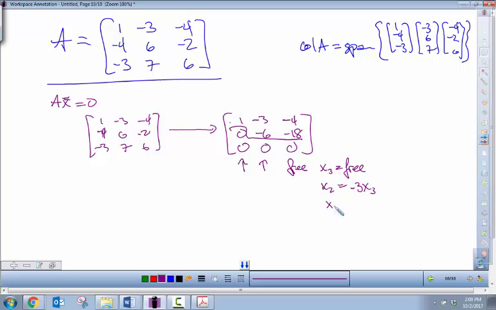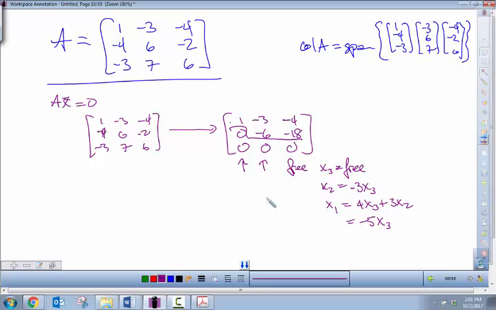And then x1 is equal to positive 4x3, positive 3x2, so negative 5x3.